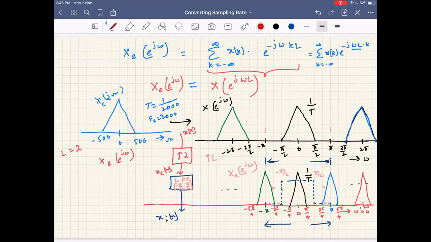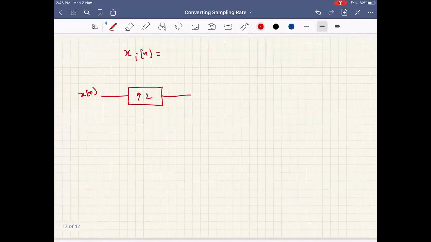To avoid that, we apply a low pass filter of cutoff frequency minus pi by L to pi by L. This minus pi by L to pi by L comes because you need to capture minus pi to pi in X of e power j omega, and there is a compression by a factor of L in the frequency domain in omega dash for the expanded signal. Hence, you should have a low pass filter here.